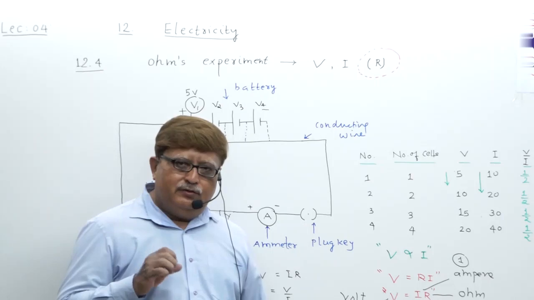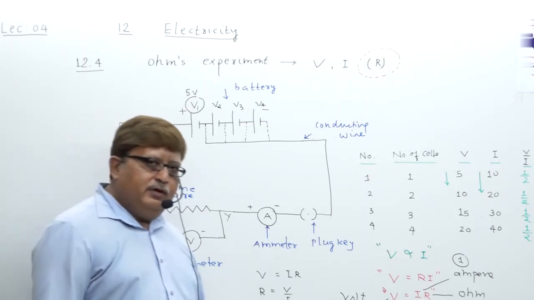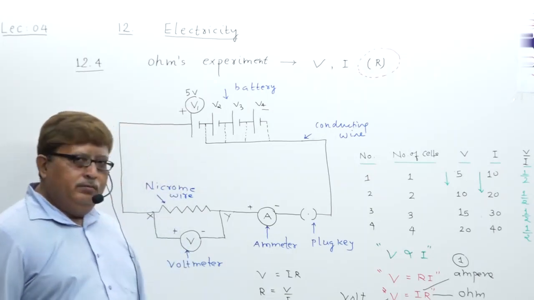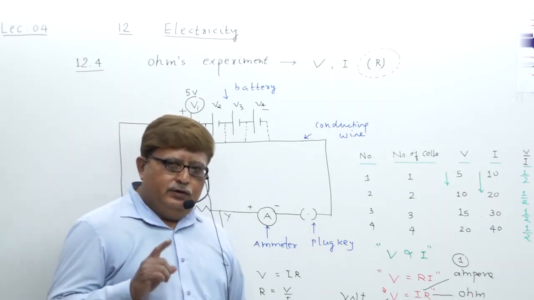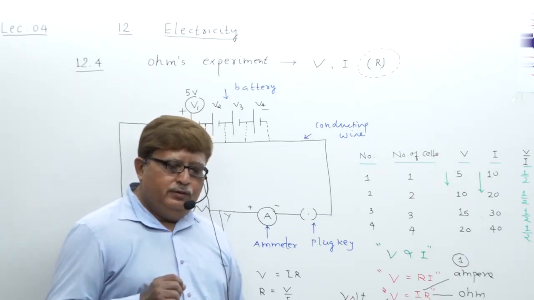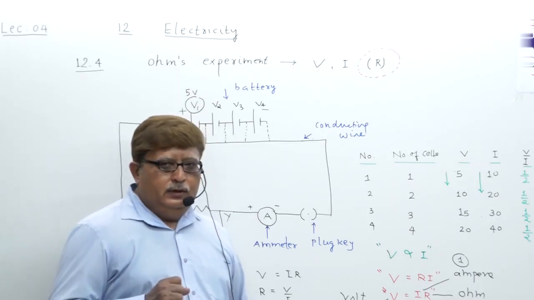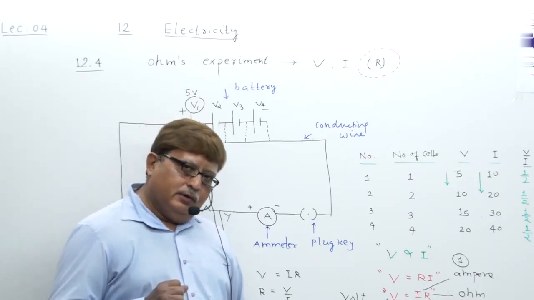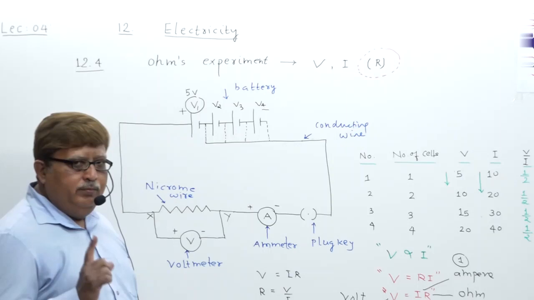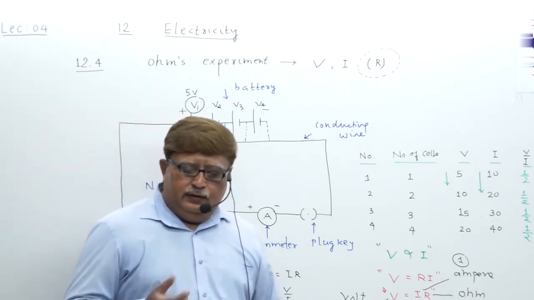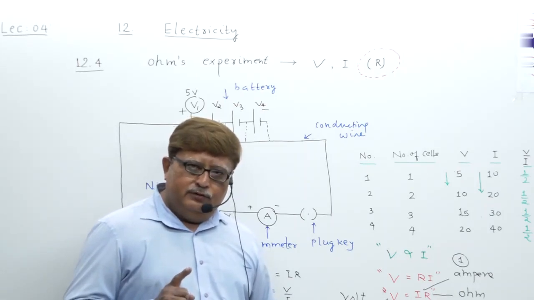And after understanding the basic concept, try to design the answer yourself also. 1 ohm: if by applying a potential difference of 1 volt between two ends of the conductor, the amount of current flowing in the conductor is 1 ampere, then the resistance of the conductor is called 1 ohm resistance.